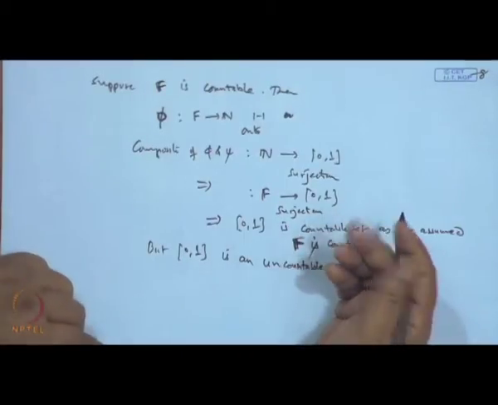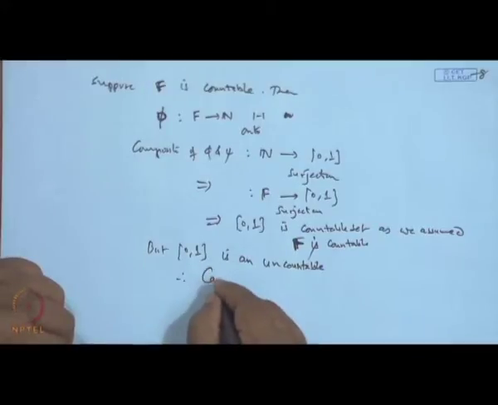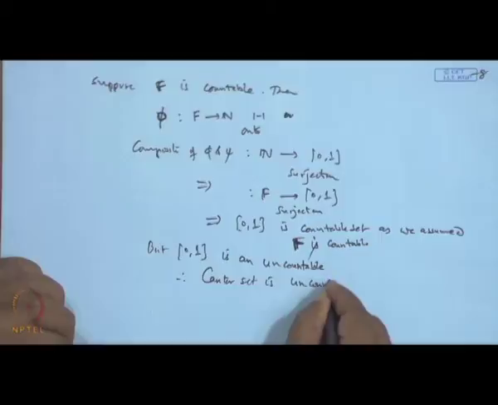So, our assumption is wrong. Therefore, this implies that the Cantor set is uncountable, and that proves the result.